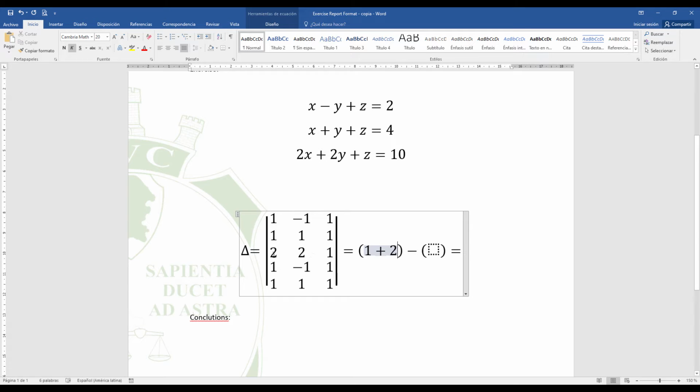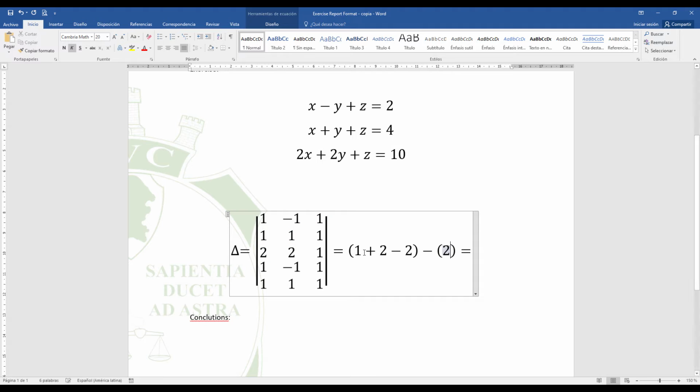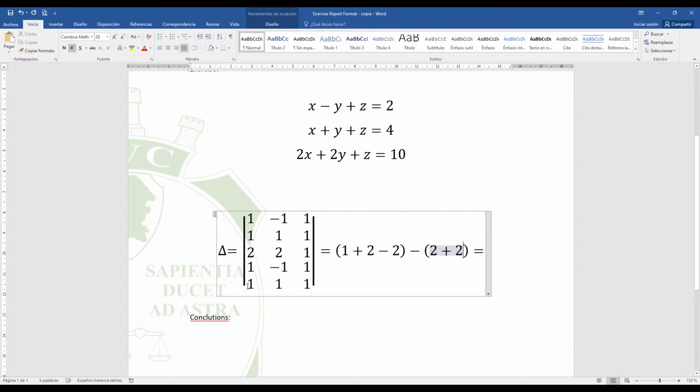Here is 2 times minus 1 times 1, which is minus 2. Then multiply crossing upward: 2 times 1 times 1 is 2, 1 times 2 times 1 is 2, and 1 times minus 1 times 1 is minus 1.